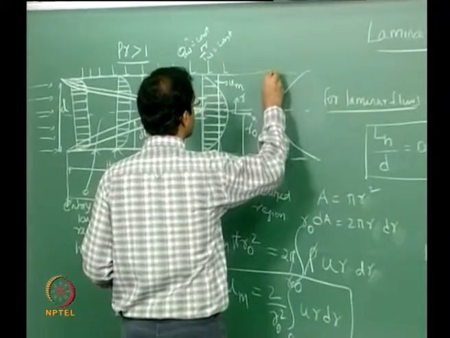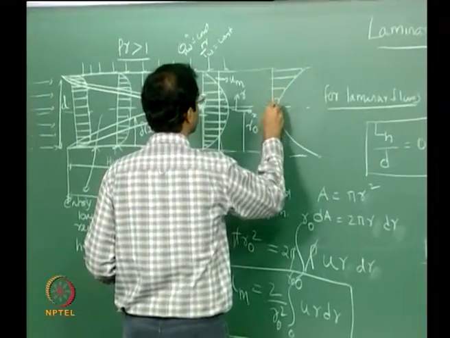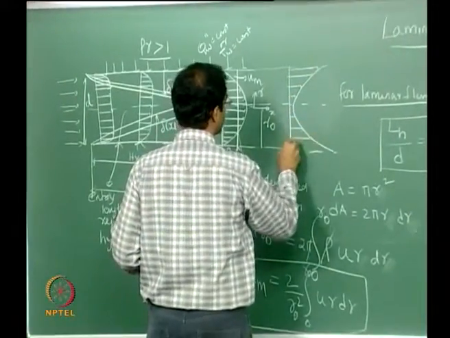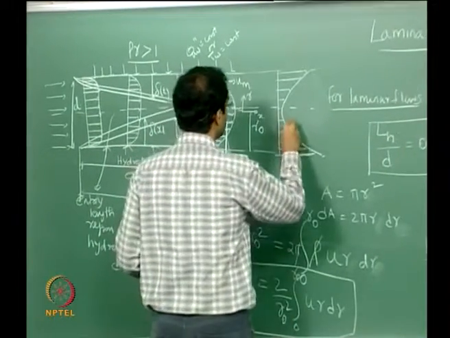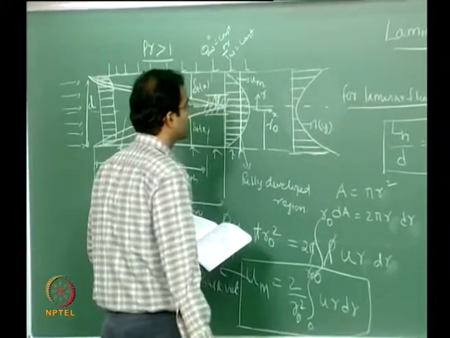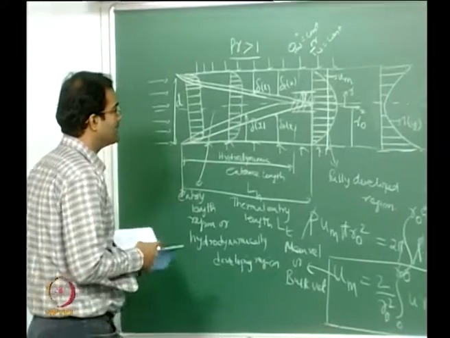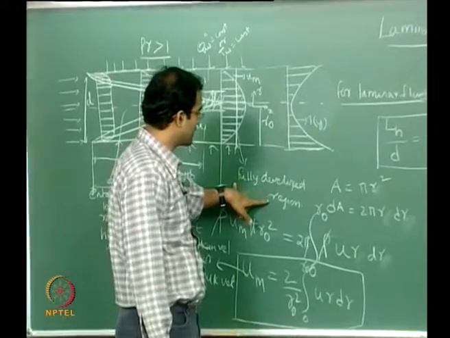So the magnitude of your wall temperature will be higher than the magnitude of the temperature of the fluid at the center, correct? So this will be your temperature profile, T as a function of Y.